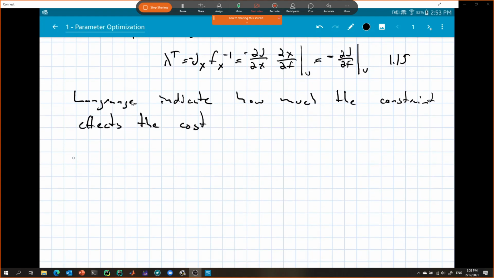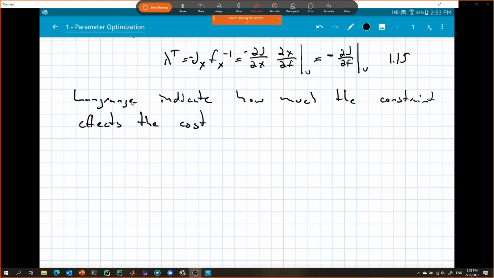Sean, is it okay to just add one line for the benefit of the other 4 attendees? What Sean is saying is perfect. And another way to view what he said is that these Lagrange parameters also give the indication of the sensitivity of your objective or your cost to the constraints.